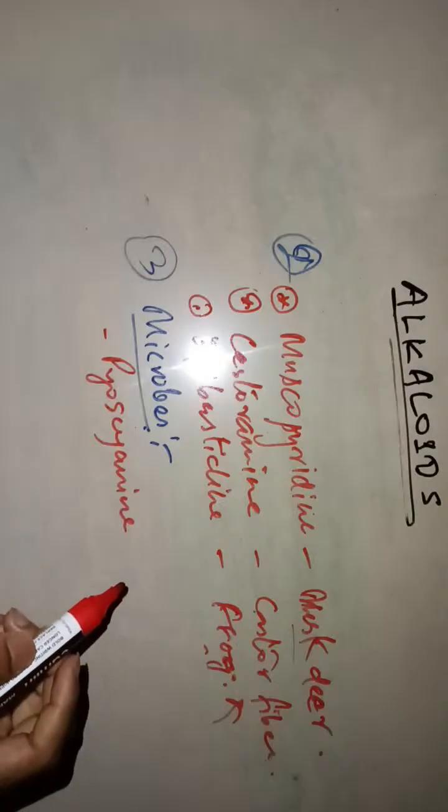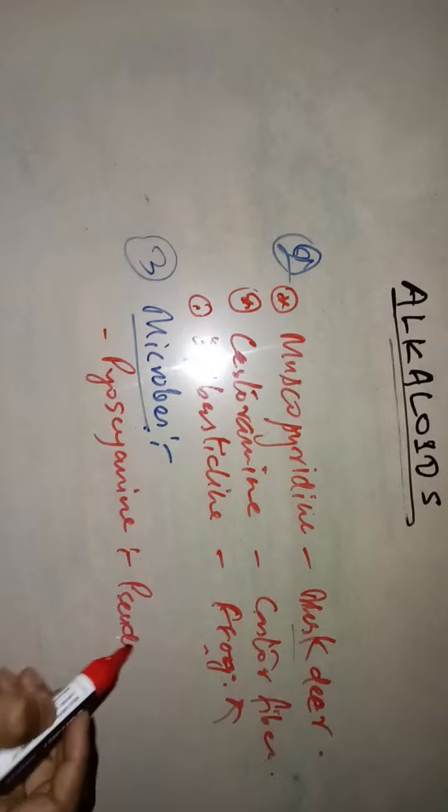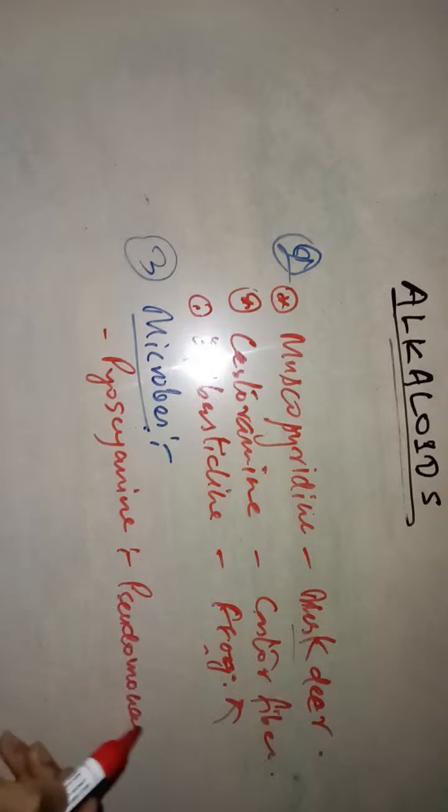In Pseudomonas species, pyocyanin is found, and pyocyanin is a type of alkaloid.